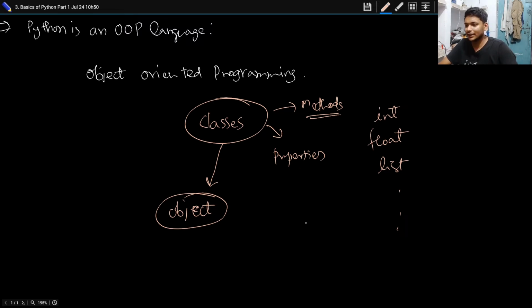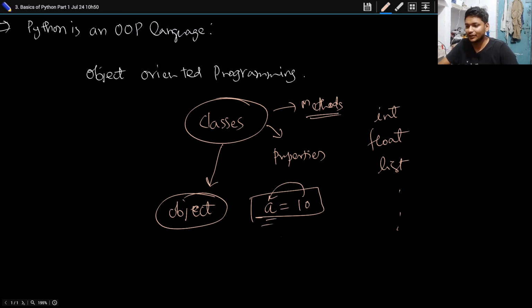Whenever you create data, like say if I write a equals 10, then 10 is an integer. So what your Python interpreter does is, it stores 10 in a, and it gives the property of the integer data type, or the integer class, to a.